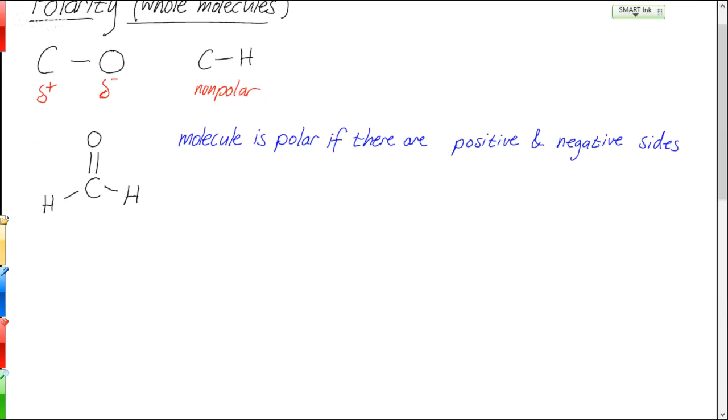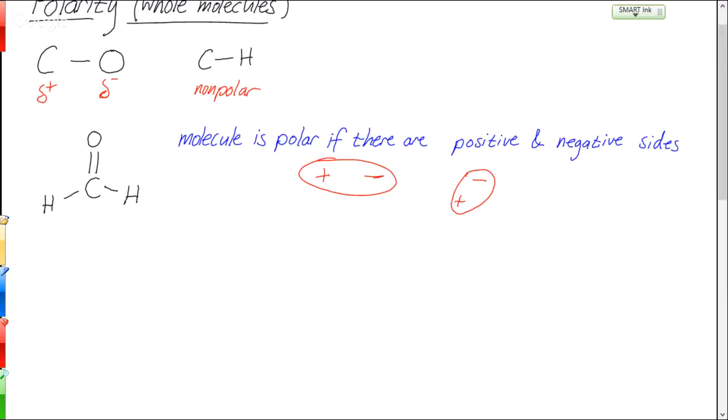So in other words, there's separation. There's like a positive on one side and a negative on the other side, like that. And that could be in any orientation. It could be like this or whatever. But for something to be polar, it means it has a positive side and a negative side.